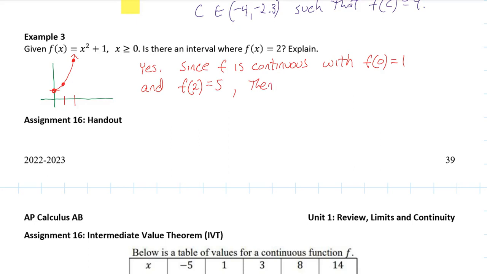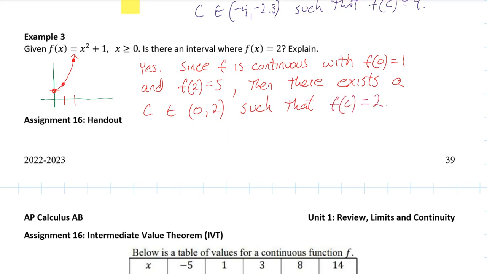Then there exists a c in the interval from 0 to 2, such that f of c equals 2. Okay, so the explanations are all pretty much the same here. Have fun with the homework there.